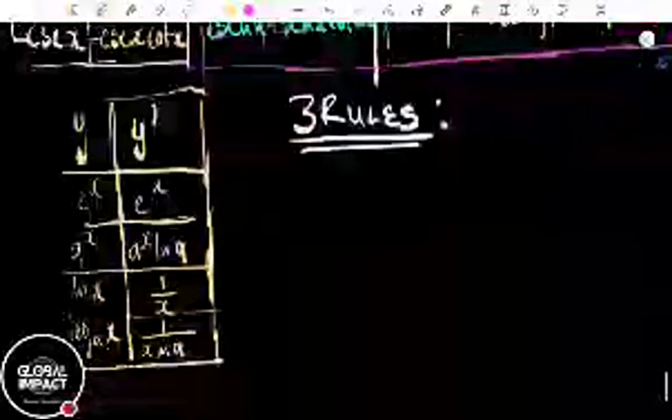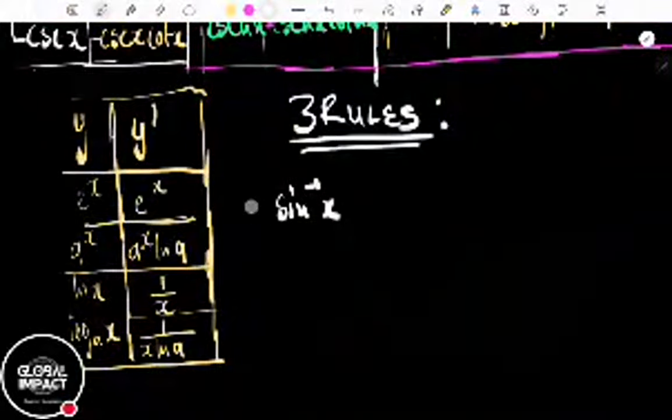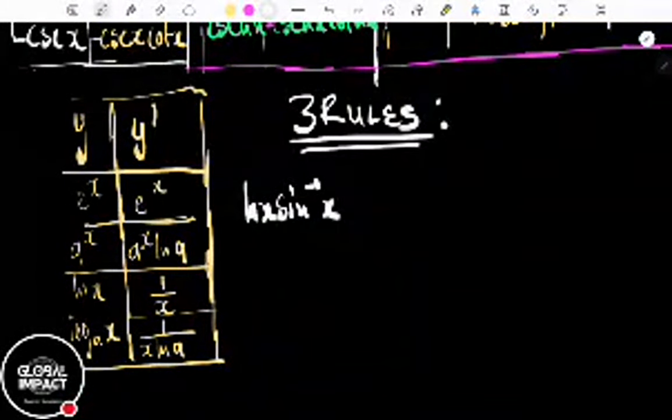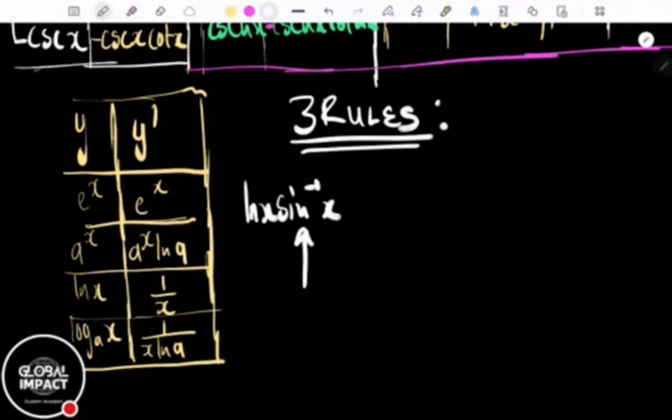What about if we say to you, can you please differentiate ln x sine inverse of x? Ln x and sine inverse are multiplying. You know how to differentiate ln on its own. You know how to differentiate sine inverse on its own. You have it in the table. But now you have the multiplying. What do you use? The product rule.